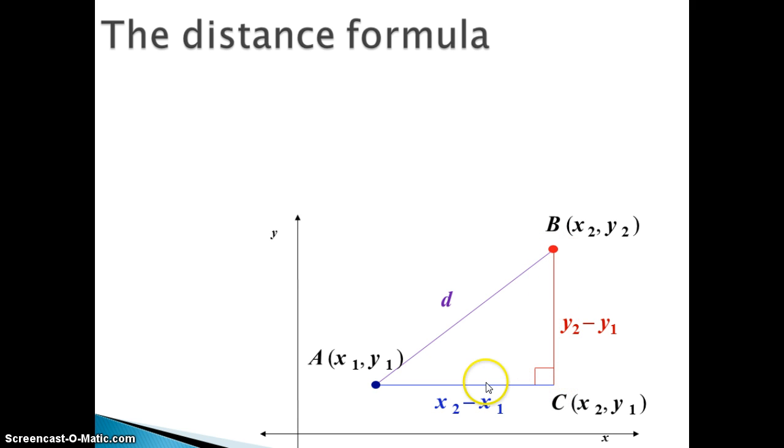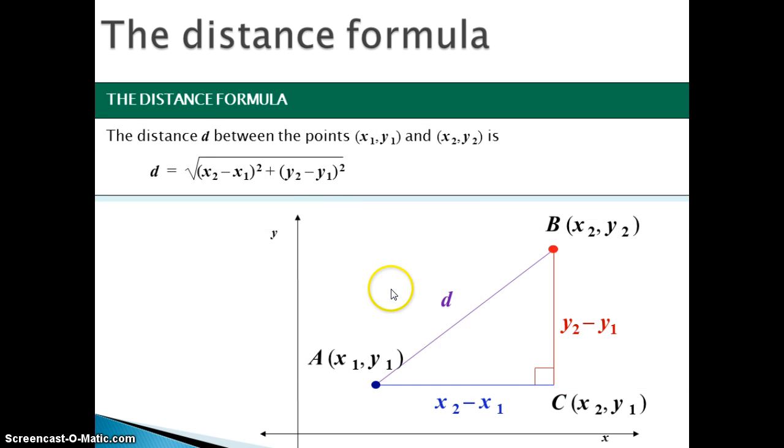Now, because I've set up a right triangle, if I know the distance here, x2 minus x1, I can square that. And I know the distance here, y2 minus y1, I can square that. If I add them up, that's supposed to equal my hypotenuse squared. Now I'm looking to solve for D, so if I had that equation, x2 minus x1 squared plus y2 minus y1 squared equals D squared, I would take the square root.